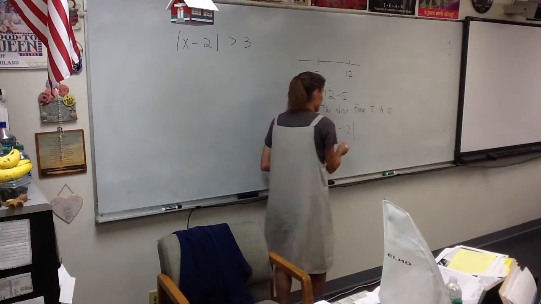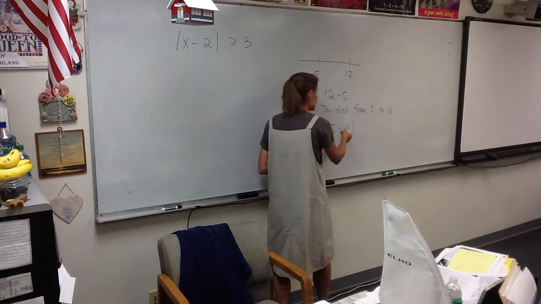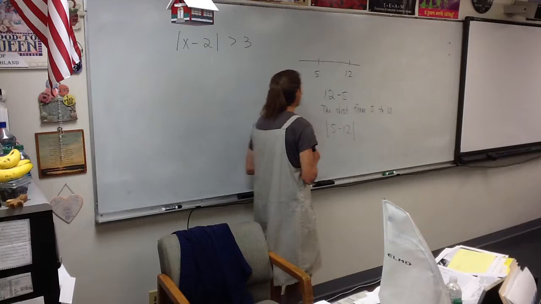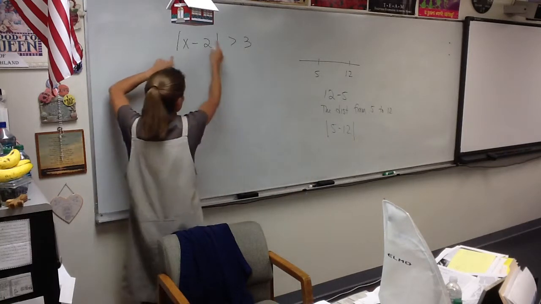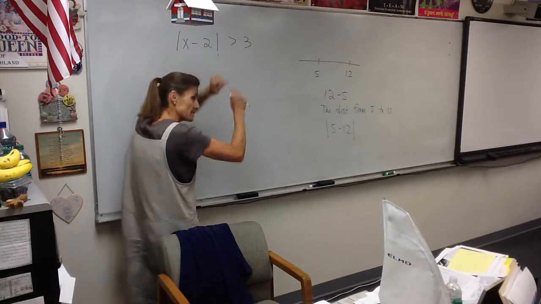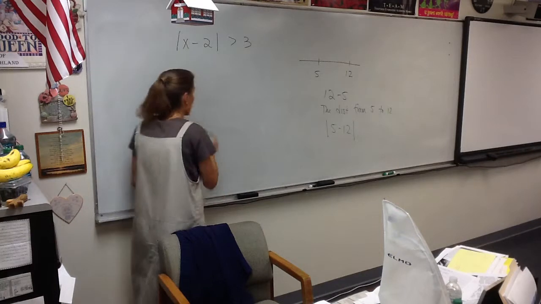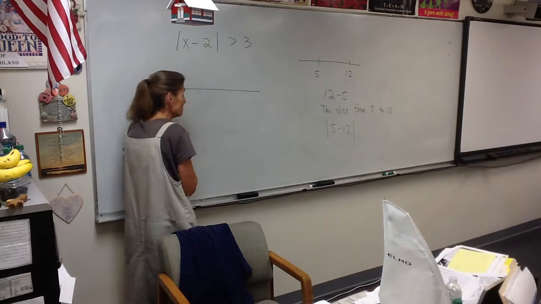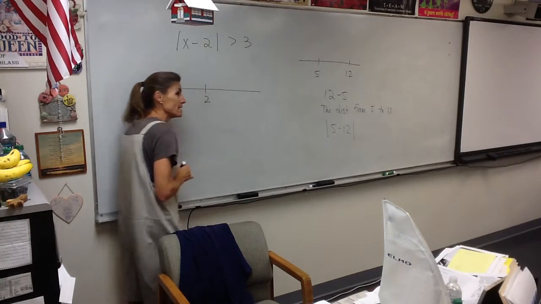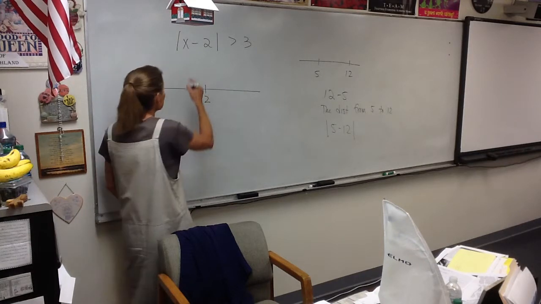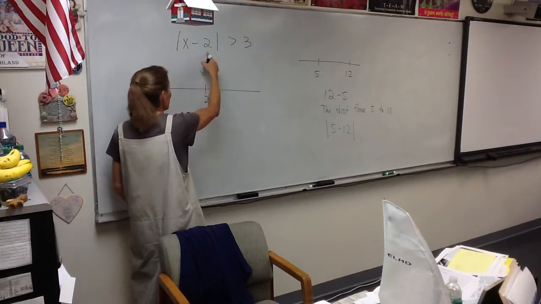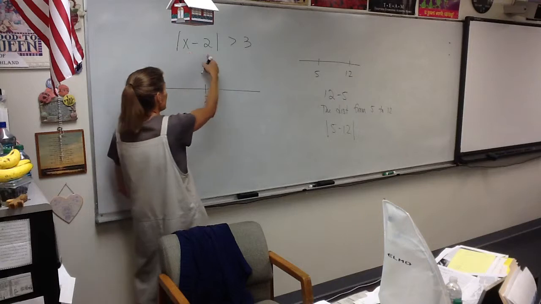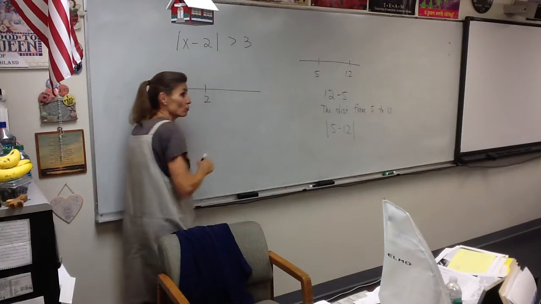So I want you to look at this. This says the distance between 12 and 5. So what does this say? The difference between X and 2. The distance between X and 2. That's exactly right. So if I had my number line and I put 2 right here, then the distance between some number and 2, because X I don't know, so it's some number and 2, has to be 3.